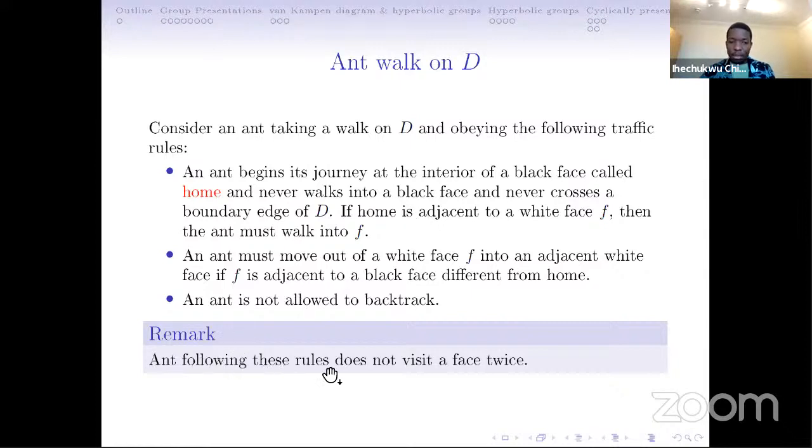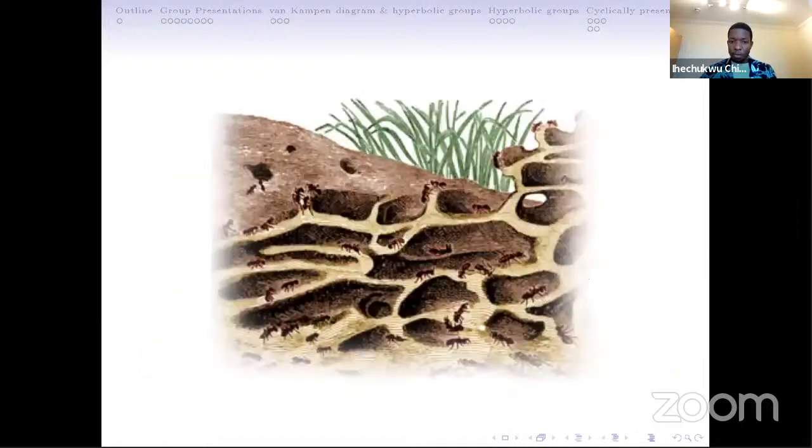One thing to remark here is that an ant following these rules does not visit a face twice. It's very important. I'm not going to explain why, but that's true. So you can picture this in your mind. Think of these places as the black faces, and the ant is actually just walking on the white faces. Think of the brighter places as the white faces and the darker regions as the black faces.